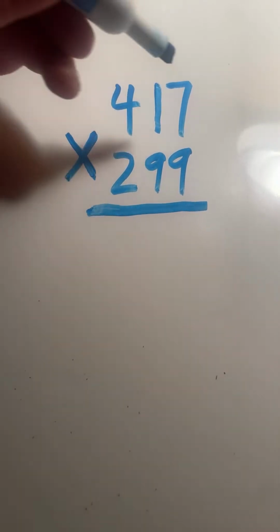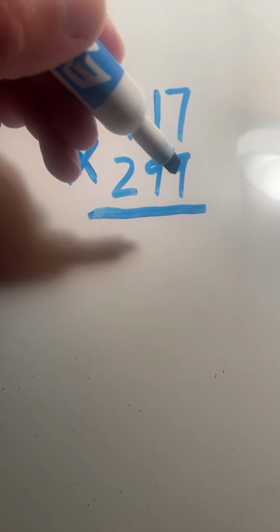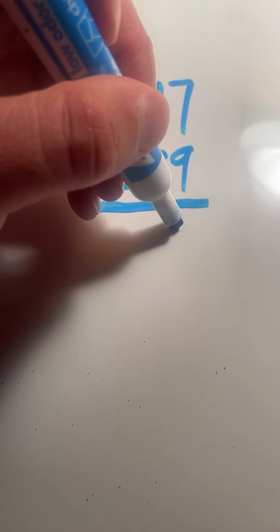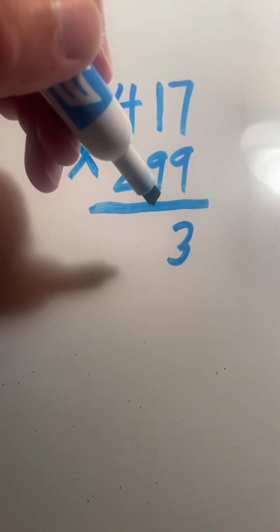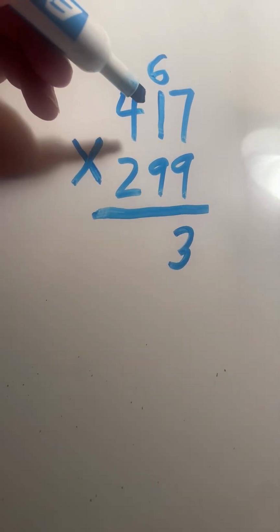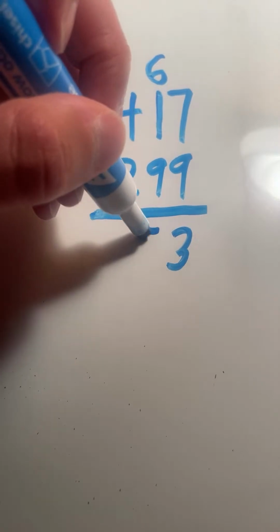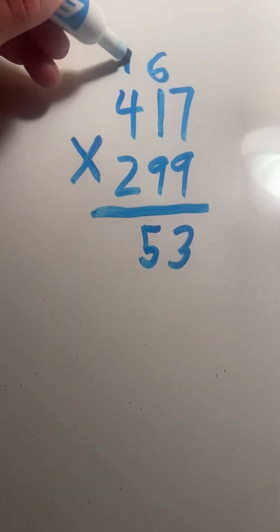So starting in the ones place, 7 times 9 equals 63. 3 carry the 6. 1 times 9 equals 9, plus 6 equals 15. 5 carry the 1.